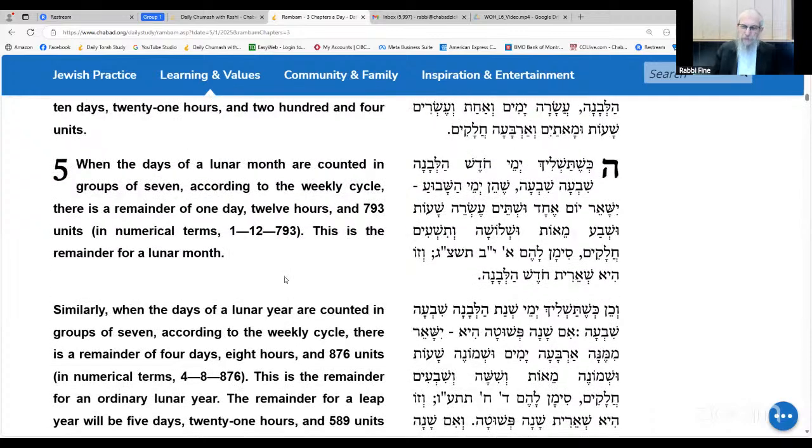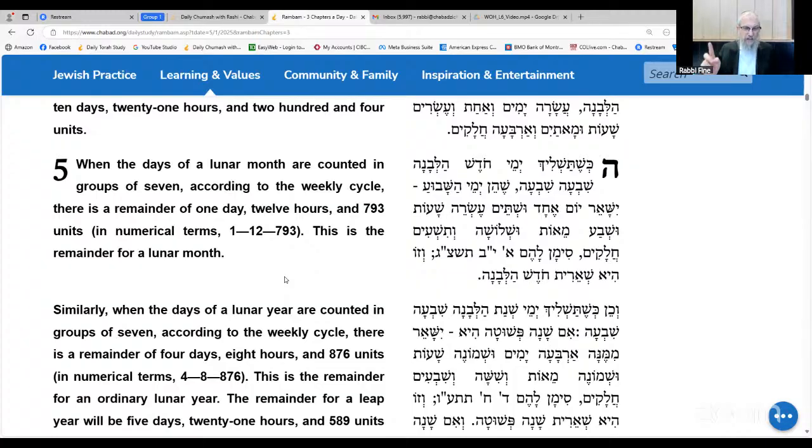So that tells us that if Rosh Chodesh this month was Tuesday, the first day of Rosh Chodesh was Tuesday, so next month will be over at least a day to Wednesday.